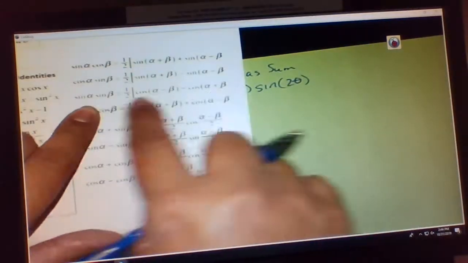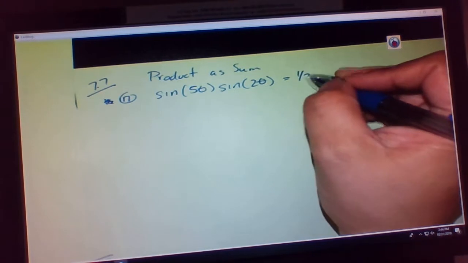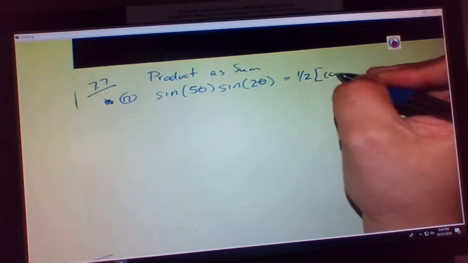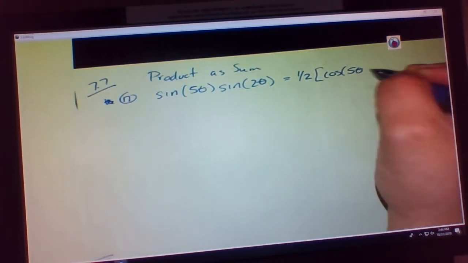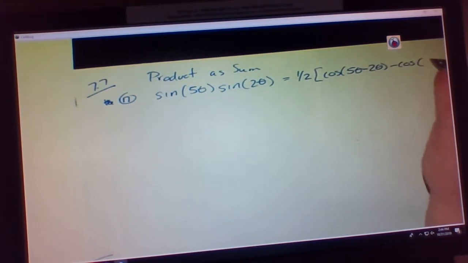So you would be using this one. So it becomes 1/2 cosine of 5 theta minus 2 minus cosine 5 plus 2.